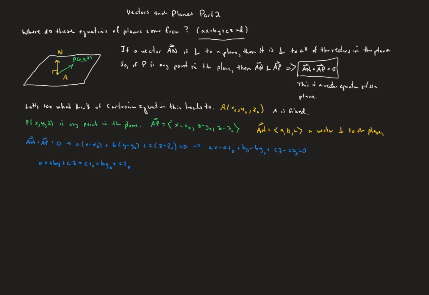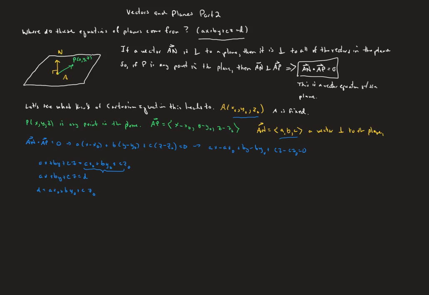So this is exactly what we said when our equation of a plane is AX plus BY plus CZ equals D. Remember, these are just going to be numbers here, and now we even know how to come up with that D. The D is actually going to be A times x sub 0 plus B times y sub 0 plus C times z sub 0, where the A, B, C are coming from our normal vector that we saw over here, and the x sub 0, y sub 0, z sub 0 is coming from our point A, that is the base or initial point of that normal vector.